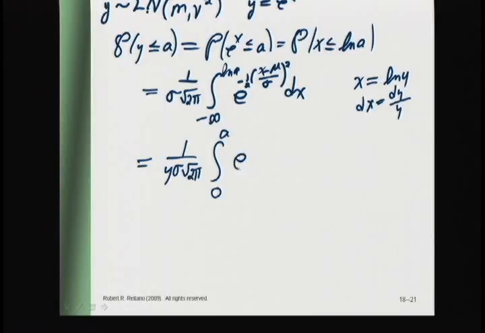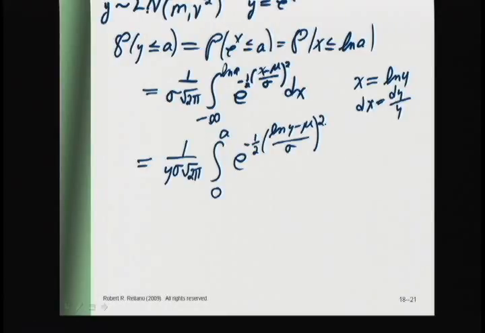And then I complete my substitution, and I get log y minus mu over sigma, squared. And I'm sorry, force of habit, in this integral I used mu and sigma for the mean and standard deviation of the normal. And I know in this module we're actually using m and v squared. But hopefully that will not be confusing to you.